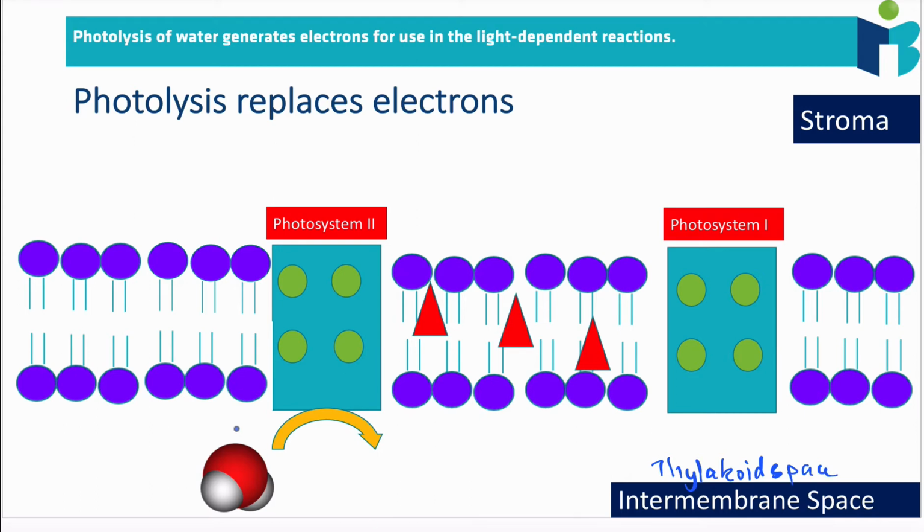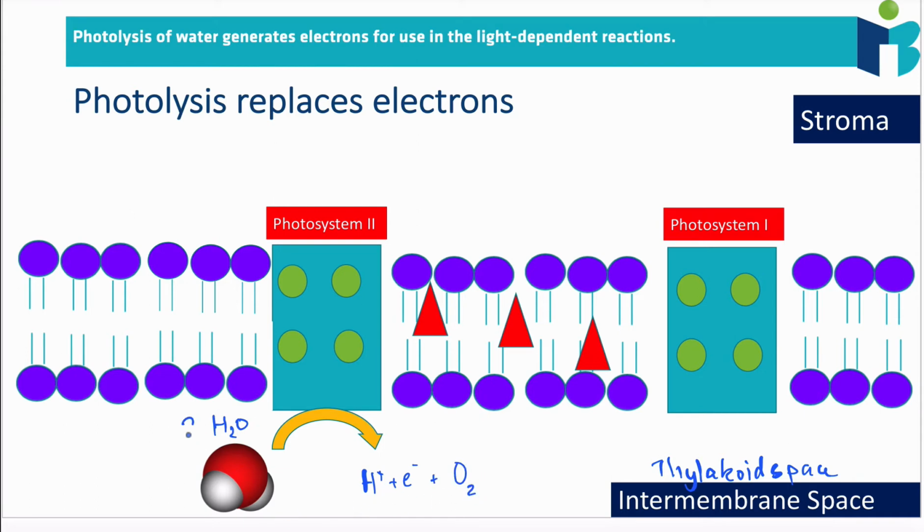In the thylakoid space, you have a molecule of water, H2O. And when this photosystem loses its electrons, it kind of becomes hungry for more electrons. And so it causes water to be split into H+, electrons, and oxygen.